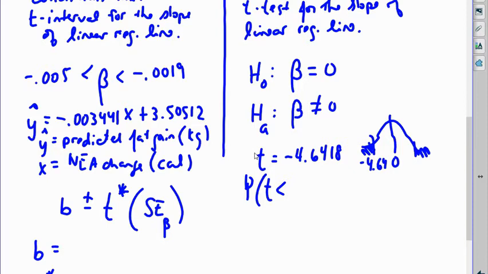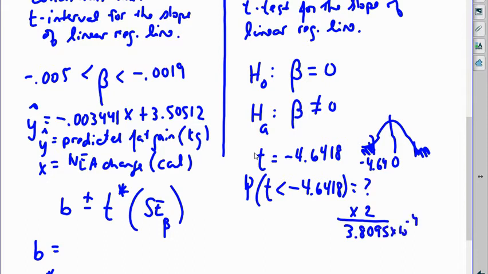So going below a negative 4.6418 would be some number, but we're going to double it, and that result would be 3.8095 times 10 to the negative 4. So that is significant evidence at the alpha equals 0.05 level.